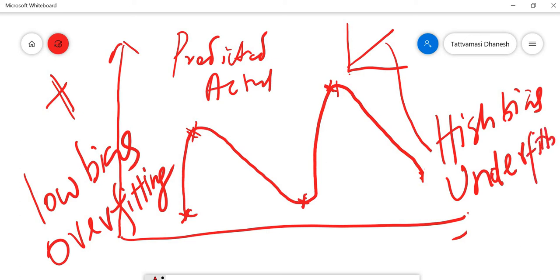So this is the concept of overfitting, underfitting, and low bias and high bias. The linear regression model gives a high bias and it is underfitting for the training data set, but the curved line or the polynomial model has a low bias towards the training data set, and that model is overfitting.